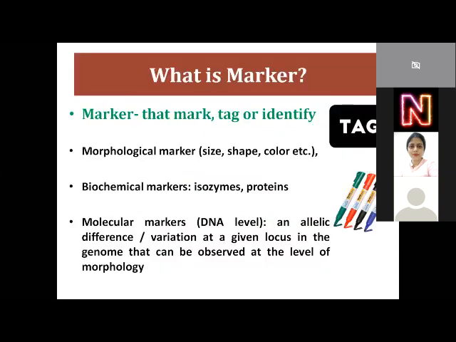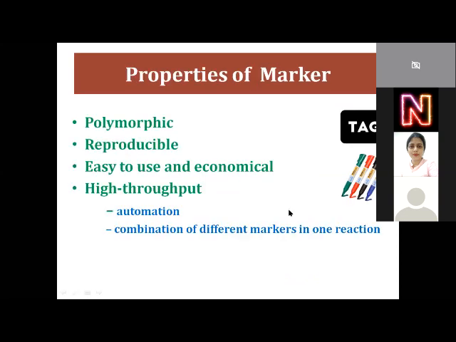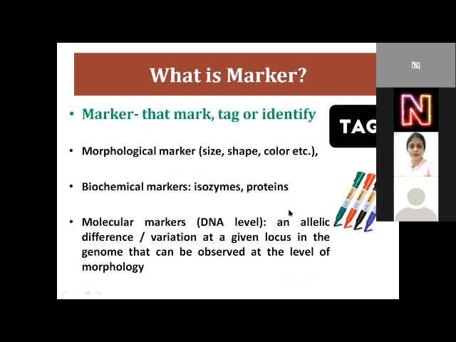First we'll see what a marker is. Marker, as the name suggests, is anything that can mark, tag, or identify something. Suppose we are in a classroom, and we are a total of 25 students.